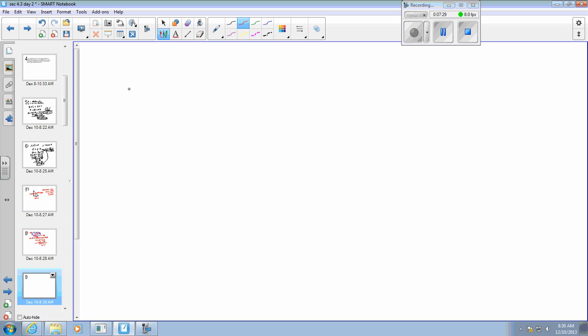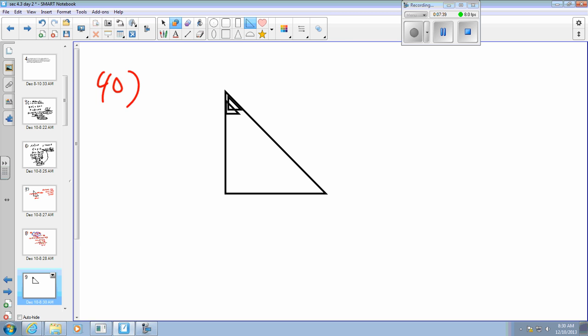And my last question, number 40, is the measure of the largest angle of a triangle. So we have a triangle. Let's grab a triangle here. That's a nice triangle. The largest angle of the triangle is 90 degrees more than the smallest angle. So if this one up here is the smallest angle, we'll call it x. The largest angle is x plus 90. And the remaining angle is 30 degrees more than the smallest. 30 degrees more than the smallest would be x plus 30.